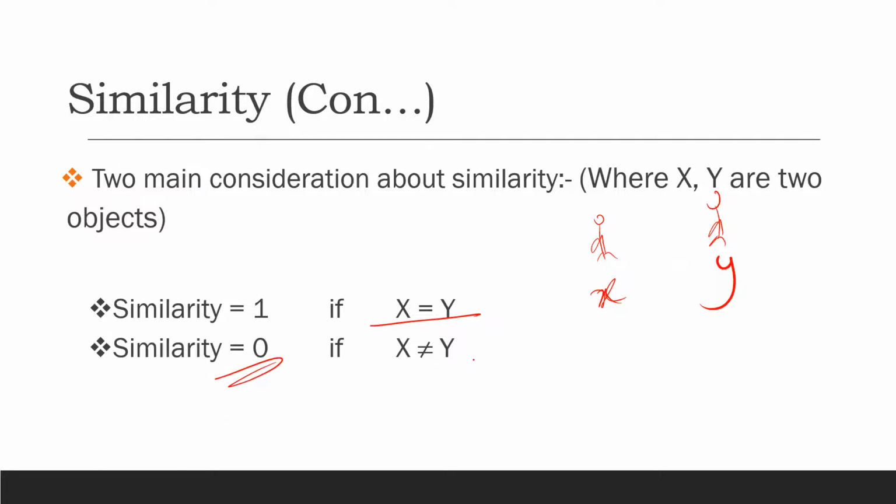They are totally different objects. So the similarity comes in the 0 to 1 range. If the similarity is 0.5, they are not exactly the same, but they have 50% similarity between X and Y. That is the way we consider similarities.